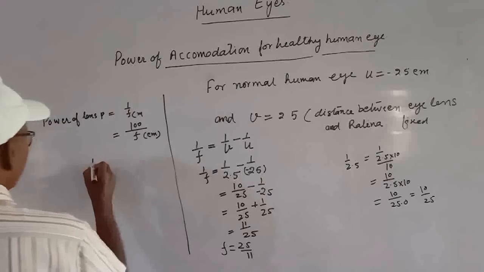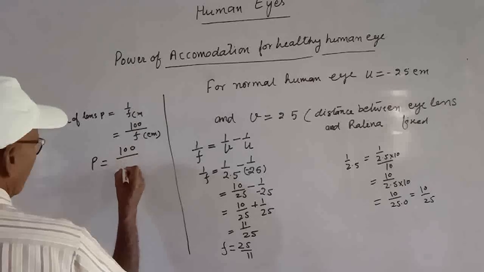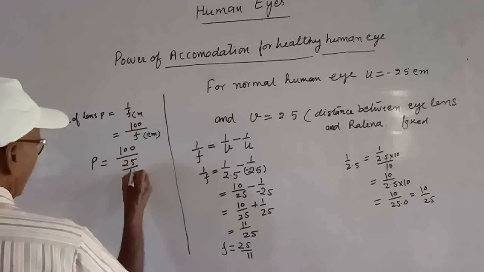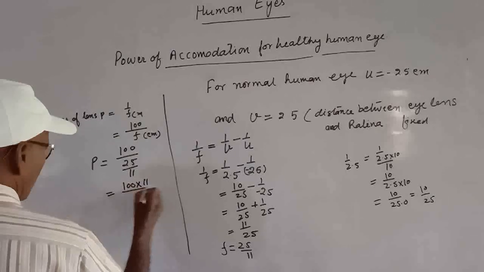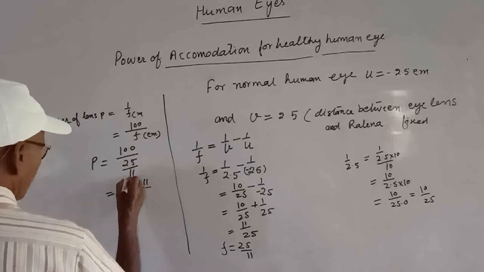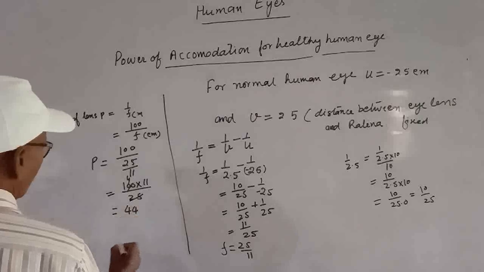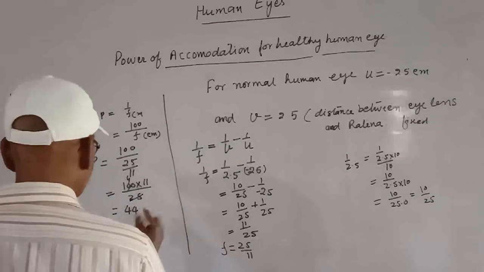Now P is equal to 100 upon 25 upon 11. That will become 100 into 11 upon 25, which is 44 diopter.